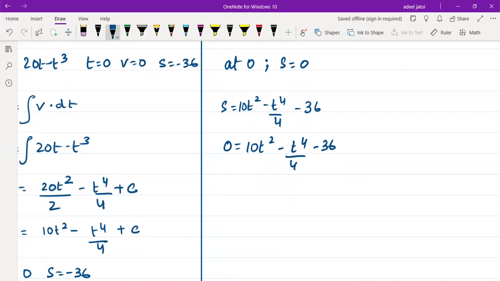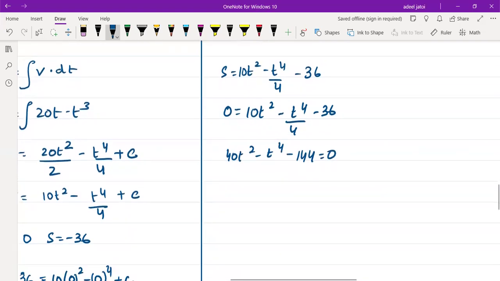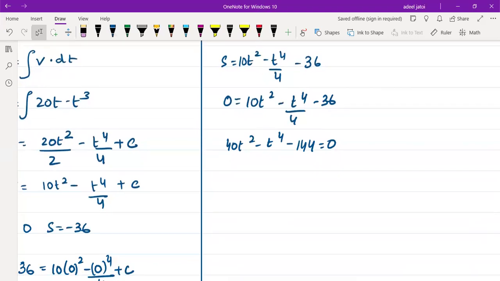Let's solve this. This should be 40t square minus t to the power 4 minus 144 is equal to 0. So this will give me two factors, right? 36 and 4.